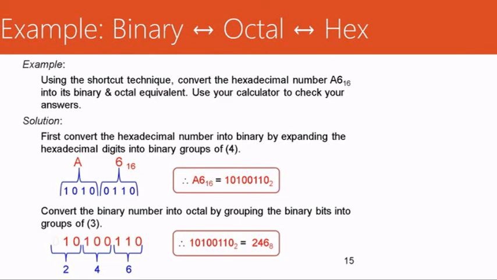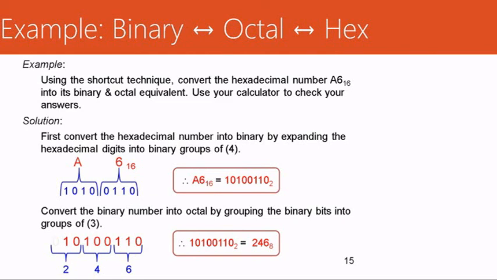3. So one group will have 3 bits. Let's start from right, going left. So we have 1, 1, 0 as our first group, 1, 0, 0 to be the second group, and 0, 1, 0 would be the third group.